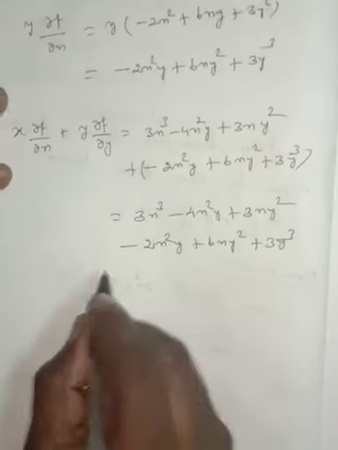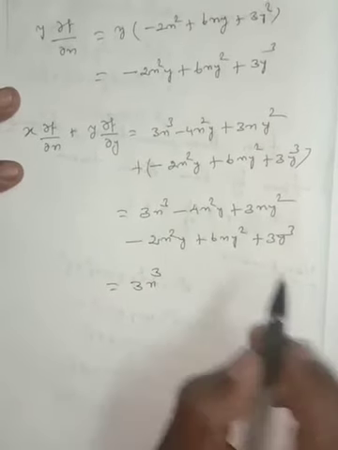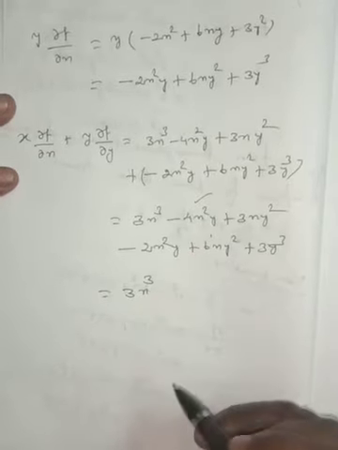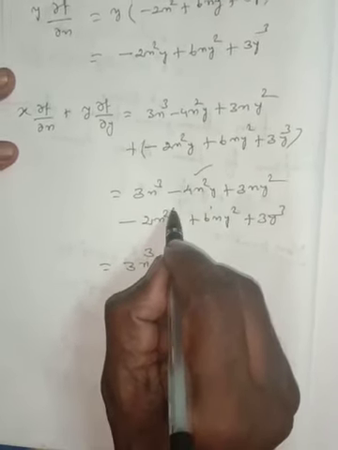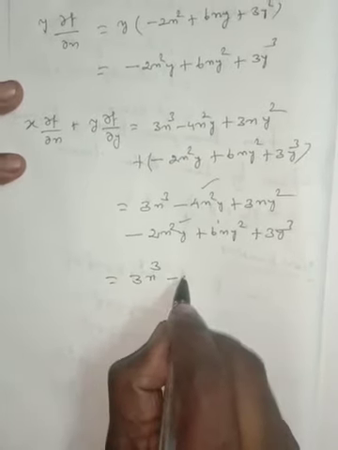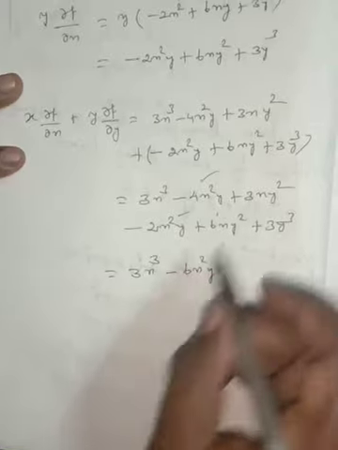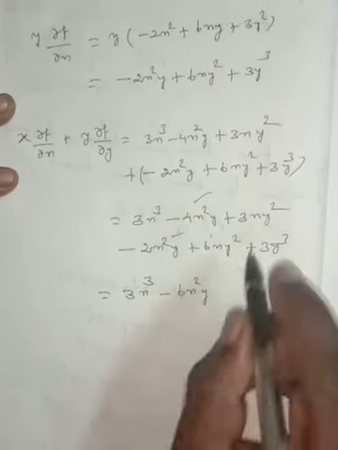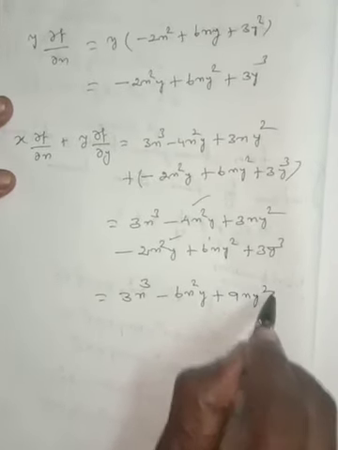Now 3x power 3. Minus 4x square y minus 2x square y, so minus 6x square y. Next 3xy square and 6xy square, adding these two, 9xy square.